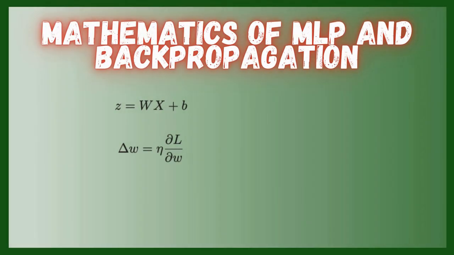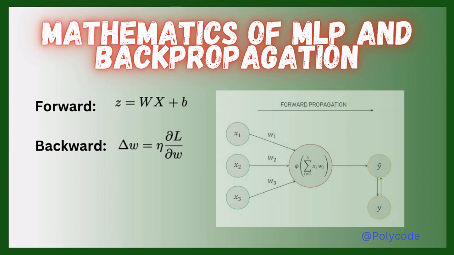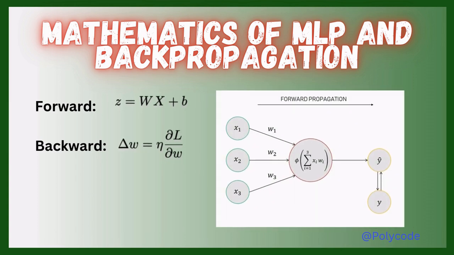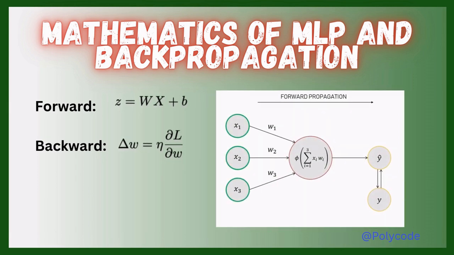Now let's quickly cover the math behind MLPs. The core idea is to compute a weighted sum of the inputs to each neuron, apply an activation function, and propagate forward through the network. The forward pass looks like this: z equals Wx plus b.